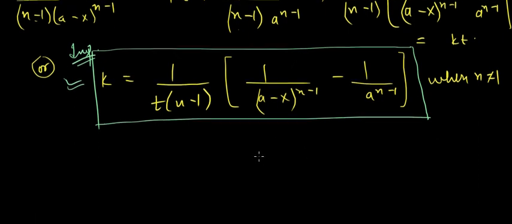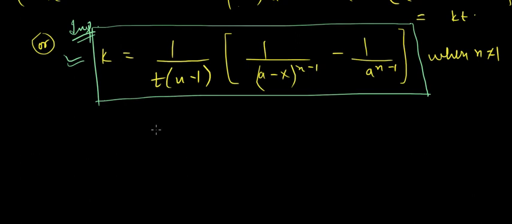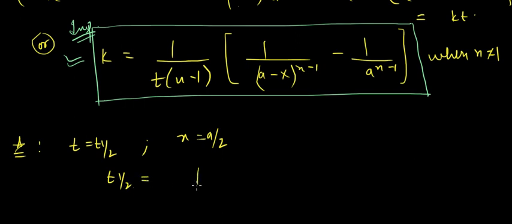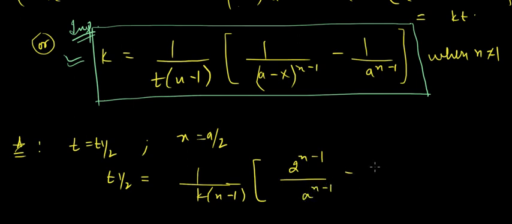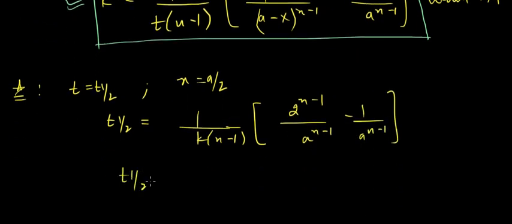Okay, so let's also calculate the half-life. We know half-life is the time at which the concentration of the reactant drops to half of its value. So x would be equal to a by 2. So t half would be 1 upon k(n minus 1) times [2 to the power n minus 1 divided by a to the power n minus 1 minus 1 upon a to the power n minus 1].